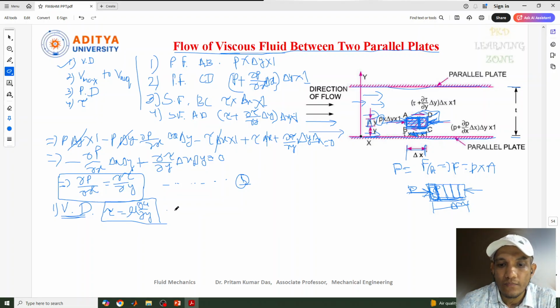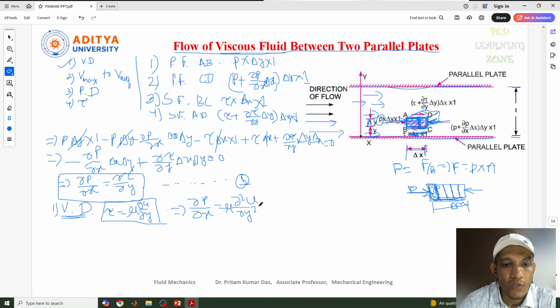So this equation needs to be considered for laminar flow viscosity. And now I'll put this value in that equation. Then we get del P by del x equal to del of tau, so mu into del square u by del y square.